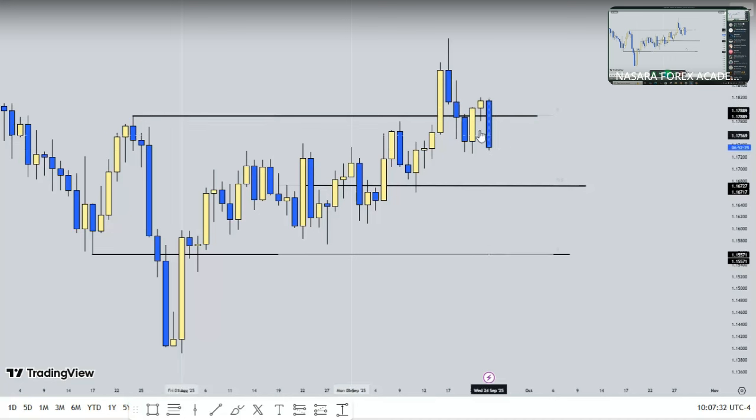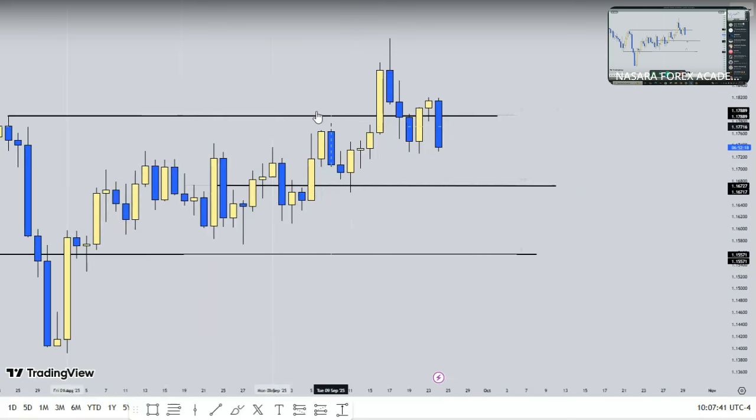But if it refuses to close back inside the range, then I will forget about this 50% level. So we can see what happens here. Price, after taking out those highs, comes down and closes back into the range, right? So I will be expecting a little retracement into some fair value gaps here, and then price to draw back into this 50% level.